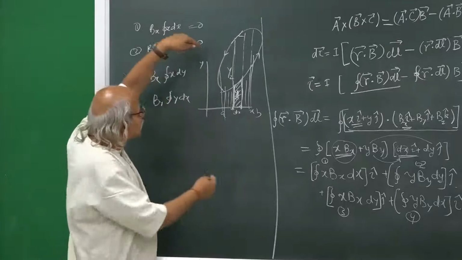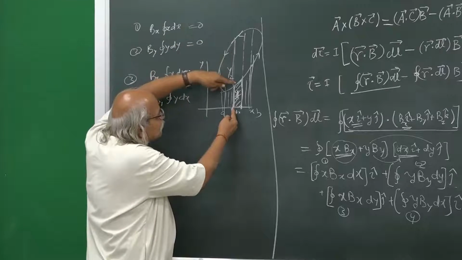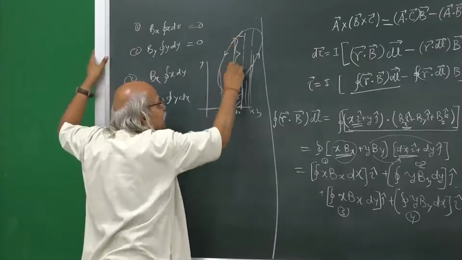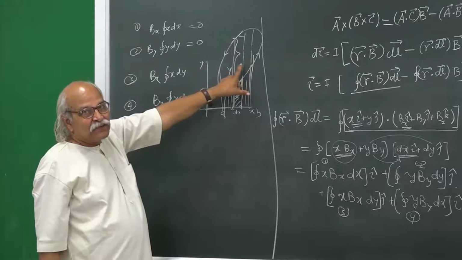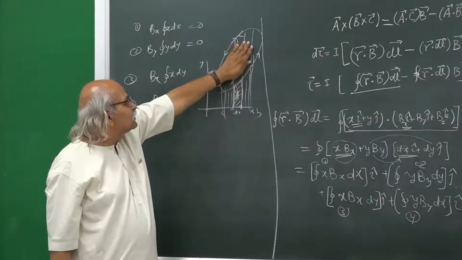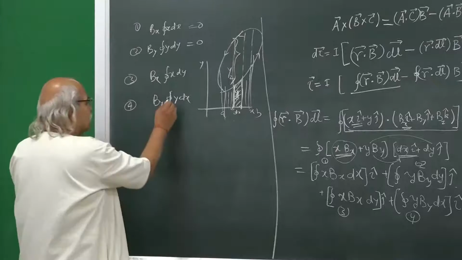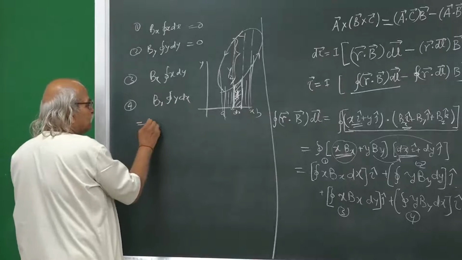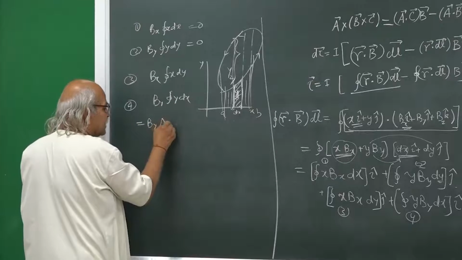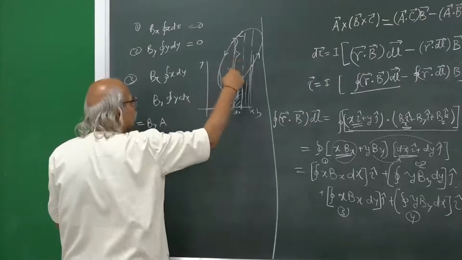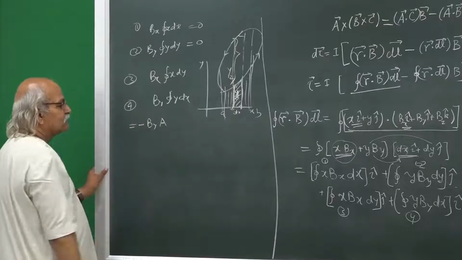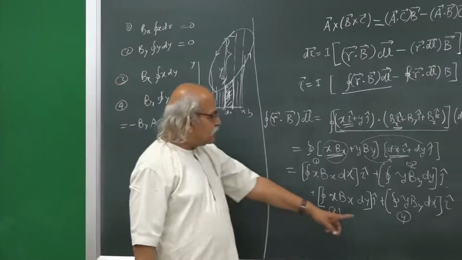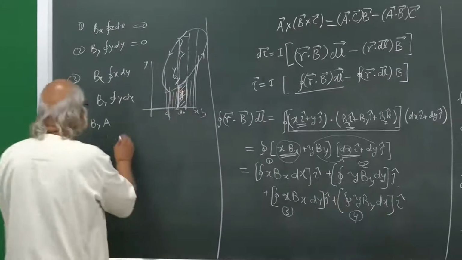So you subtract y1 from y2 and are left with this times dx. So you get the area of this whole curve. So this is equal to b_y times the area of this curve, with a negative sign, and the fourth one is with i cap. So it is i cap here.